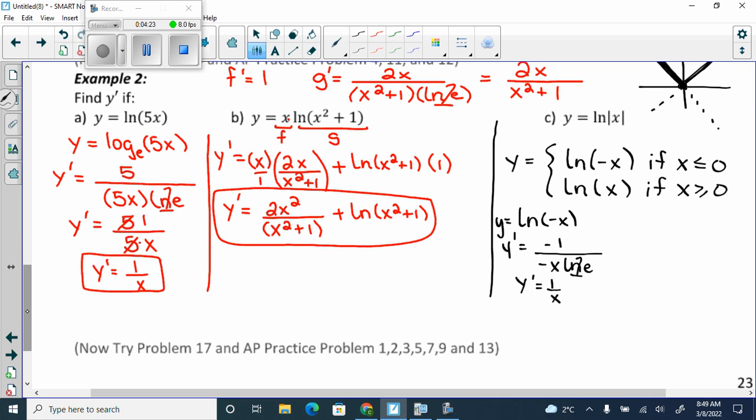We know ln x is already 1 over x, but we'll prove it anyways. If we go y equals ln x, y prime, get x on the bottom, the derivative of x on the top, and they match, right? So, sorry, y prime of this is 1 over x.